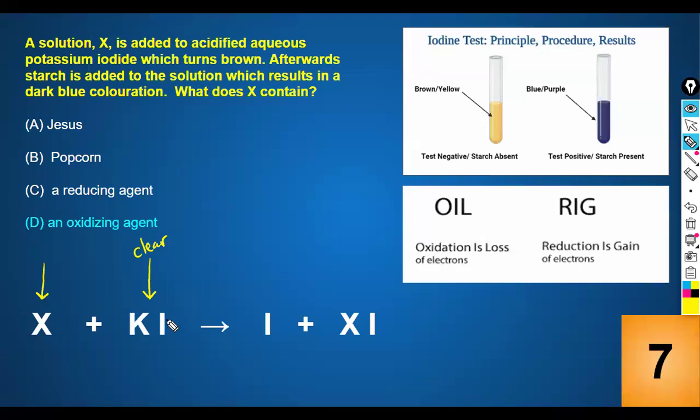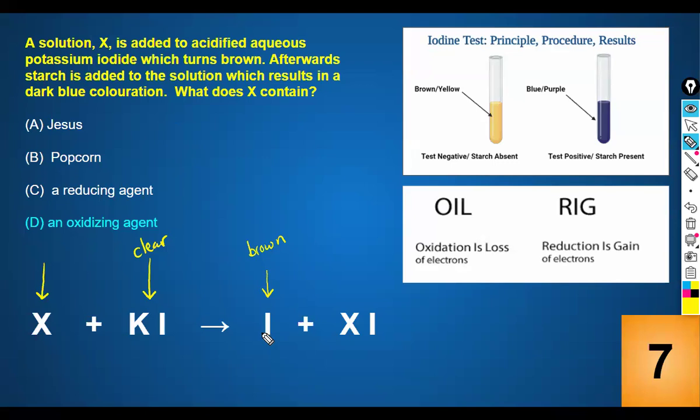displacing the iodine. Remember, we don't know what X is. Now, what color did they say solution X turns the mixture? A kind of brown color. What do we know has a brownish color?